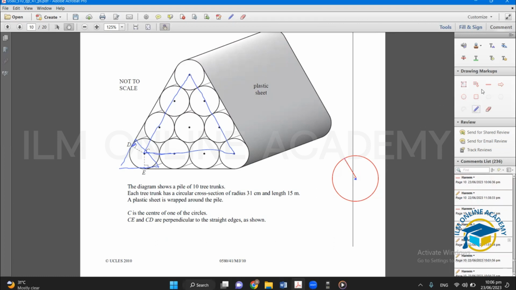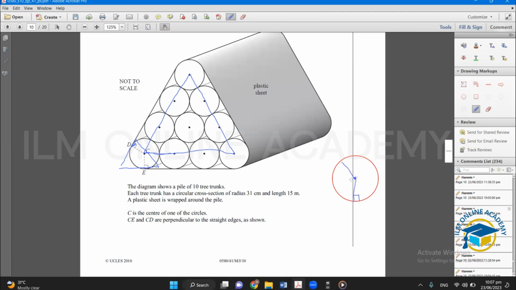Here it's one radius. I'm going to draw it with my pencil, this thing and this thing.